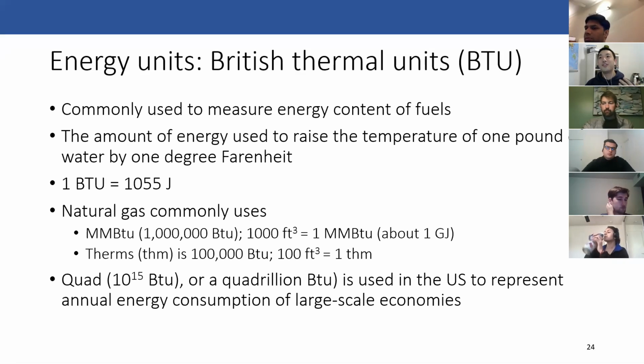Here's where it gets a little bit confusing: even though we think of efficiency as a unitless measure, a heat rate actually has units, in that they describe the energy in units of BTUs and the energy out in terms of watt hours.